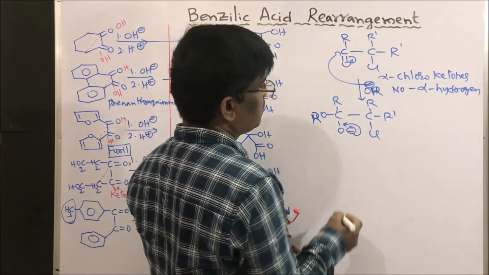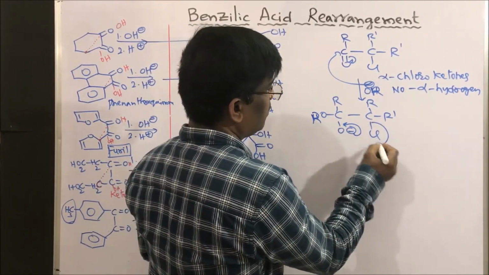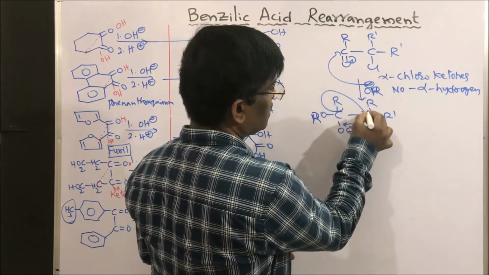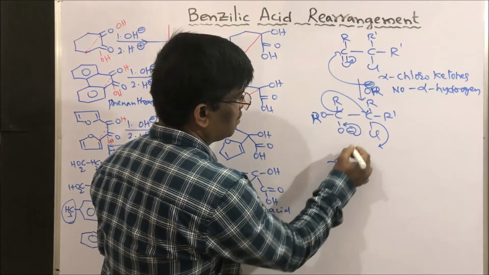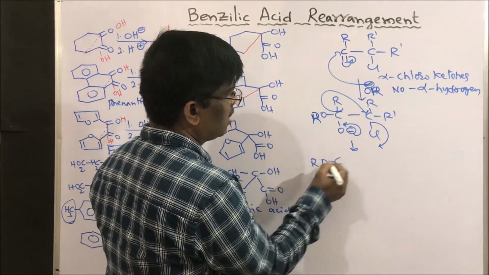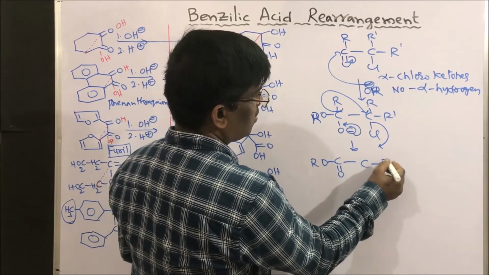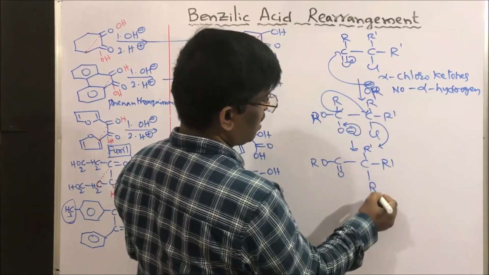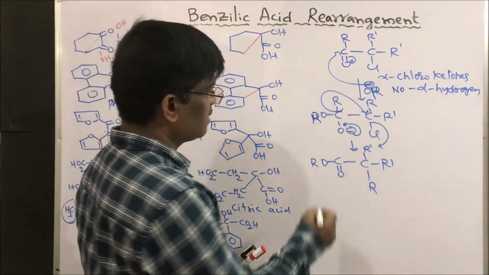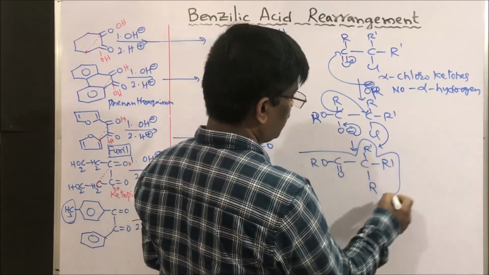So when this comes here, this chlorine will be lost, and to give this rearranged compound we are going to get. So this is OR, this R prime, R prime is there. So this R has come. This is the compound we are going to get.